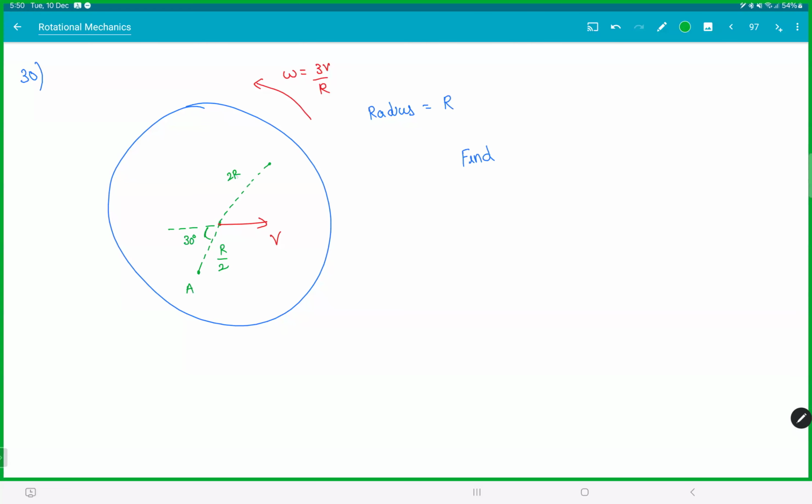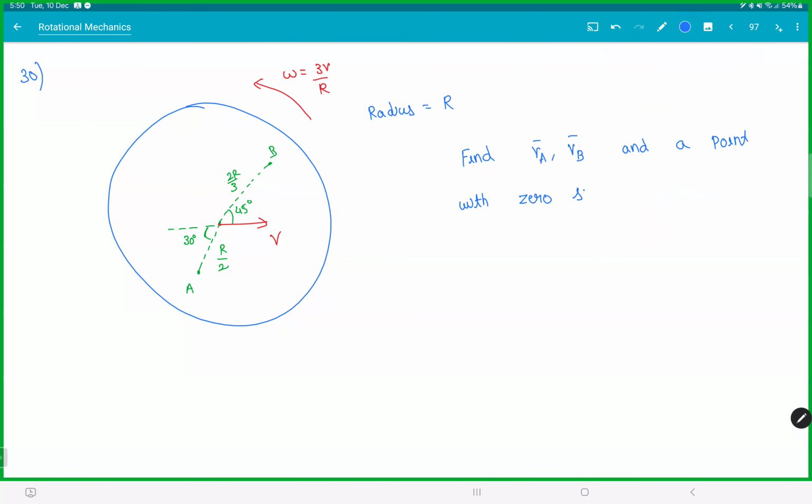This distance is 2r by 3, and this is point B, and 45 degrees. Find velocity of A, velocity of B, and a point with zero velocity. So on this disk, there is a point which has zero speed. Which point is that?